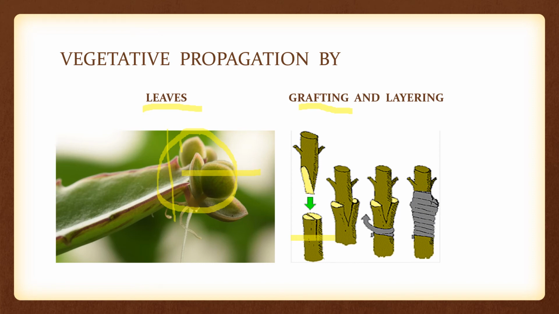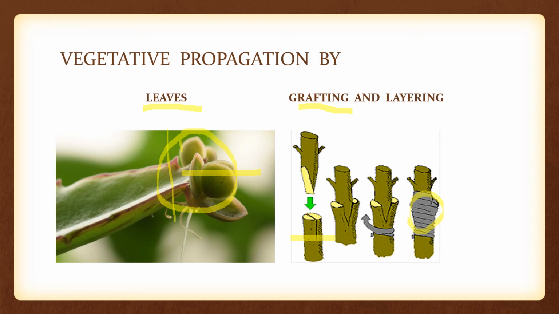This part is the scion and this is called the stock. The scion is the piece of stem from the parent plant that is inserted into the stock. Then tie it nicely with a cloth.